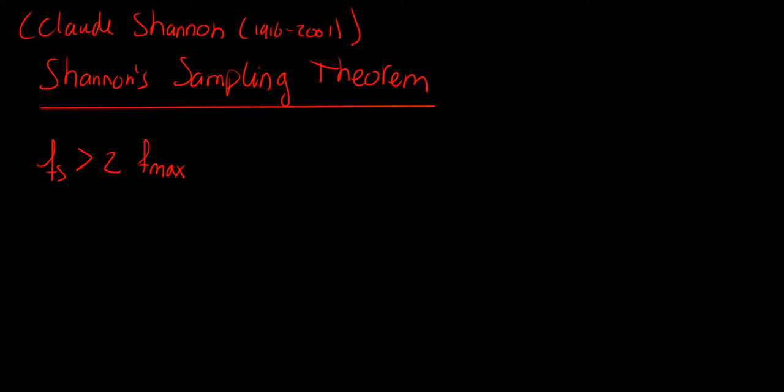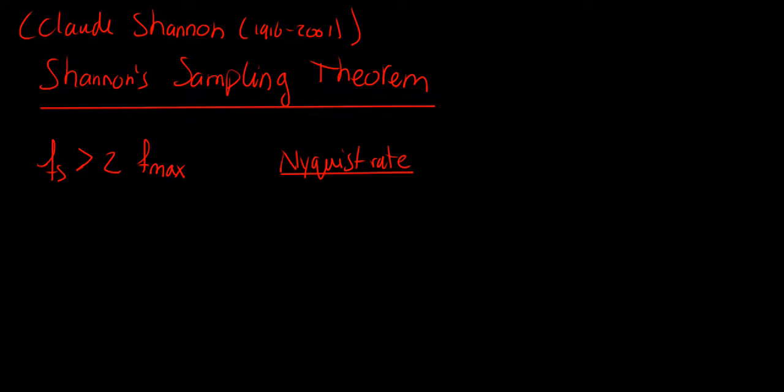And this exact value is called the Nyquist rate. If the sampling frequency is lower, then we will not be able to reconstruct that higher frequency, because we will always assume the lowest frequency is the best one.